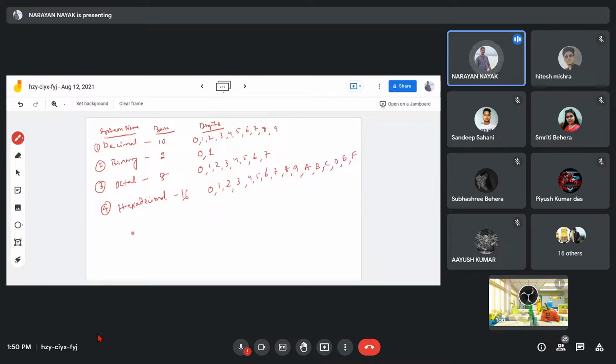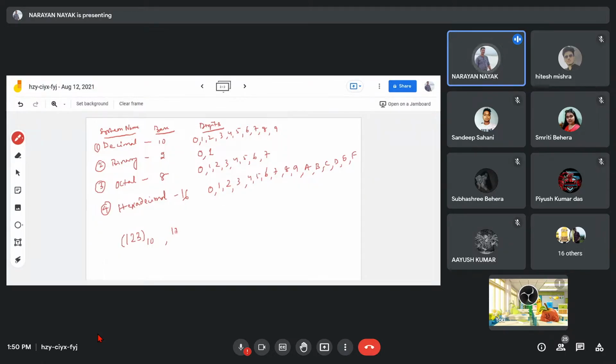Let us say I'll write 1, 2, 3. Which number system can I represent this in? Can anyone tell me? If I write 1, 2, 3, I can use base 10, yes, no problem.